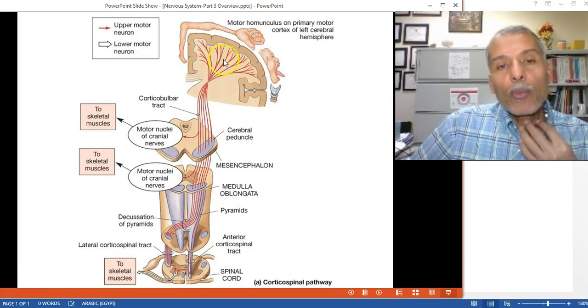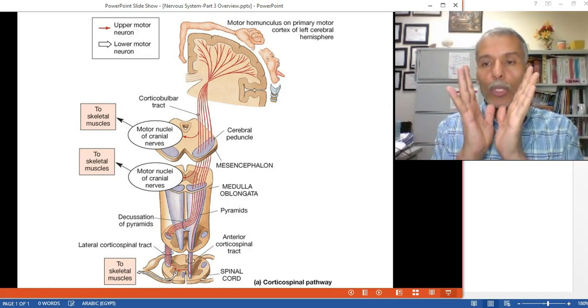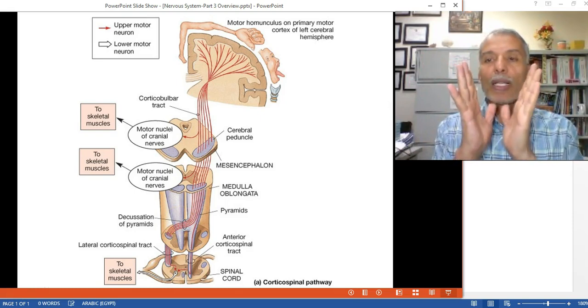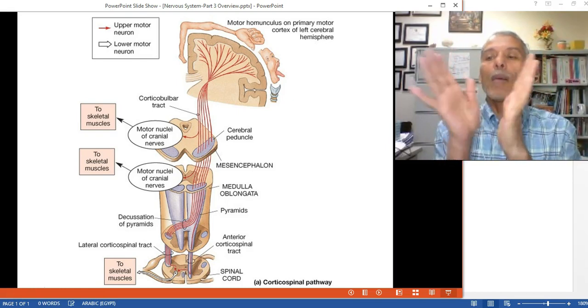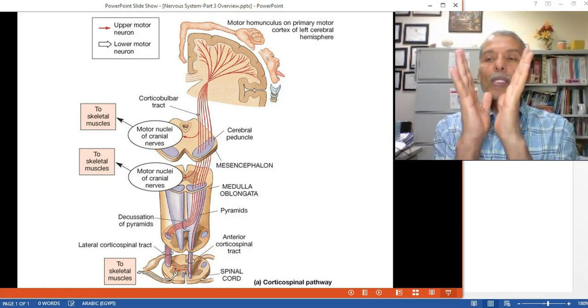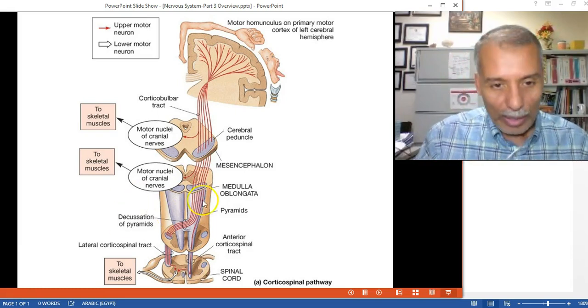As the pyramidal pathway travels down, it comes to an area where the medulla is. The medulla is shaped like an inverted pyramid, with the base of the pyramid up. So that's called the medullary pyramids, what you see here.